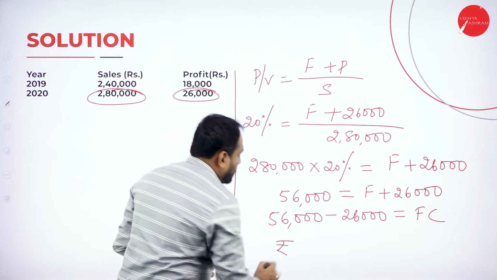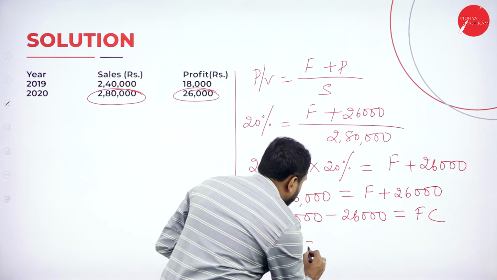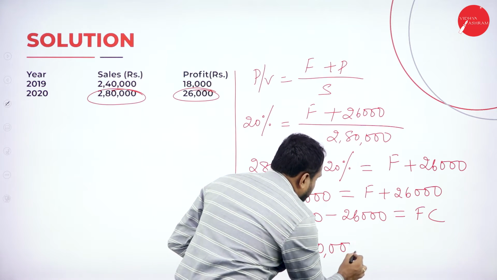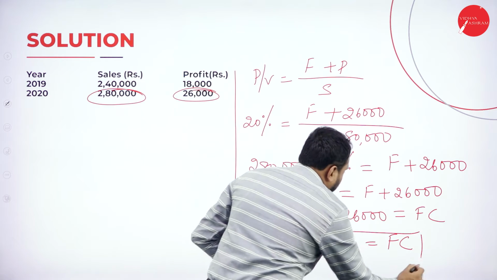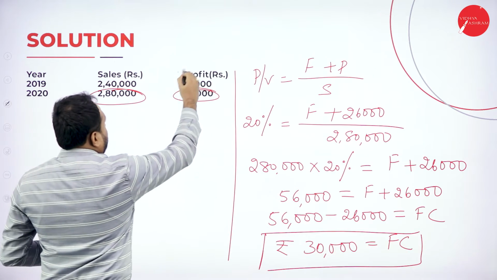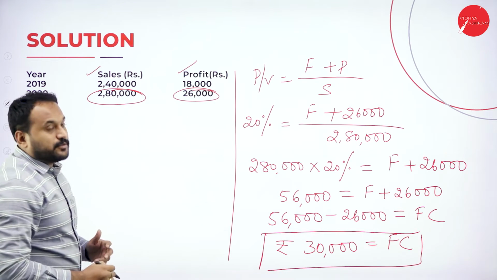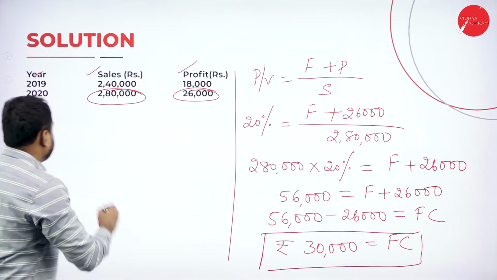Now 56,000 minus 26,000 is 30,000. That is, we have 30,000 rupees is equal to fixed cost. So however you take it, what is the logic here? Whichever year's profit you take, the same year's sales you are supposed to take. That is the condition. Now let's calculate BEP.